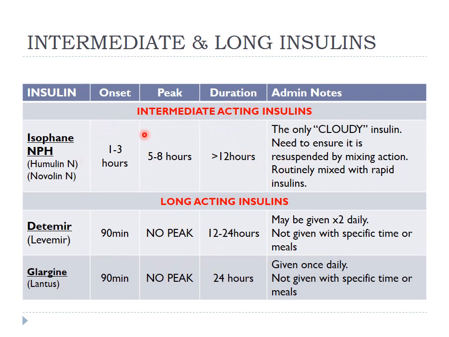Intermediate acting onset is in 1 to 3 hours, so it's delayed. It does nothing for 1 to 3 hours. At around the 3 hour mark, it starts to onset and work. All these times are from the moment you give it. So 1 to 3 hours after it is injected, it will start to onset, meaning it will start to work. There is a delayed action from this medication. Then 5 to 8 hours after the insulin is given, it will start to peak.